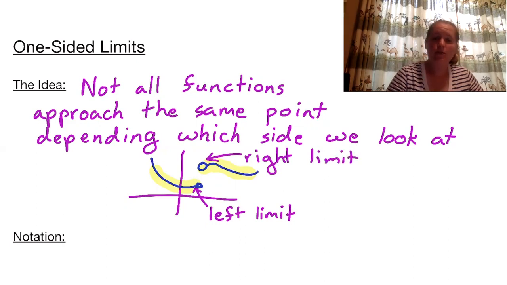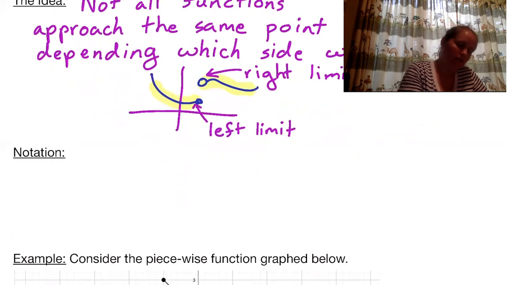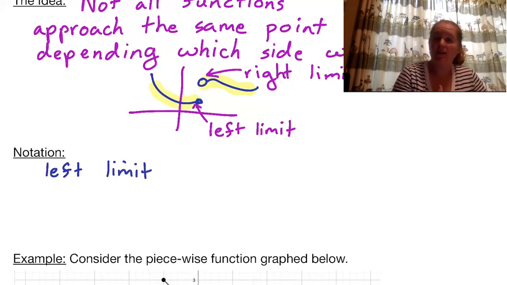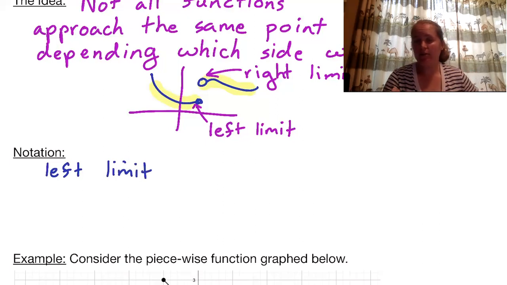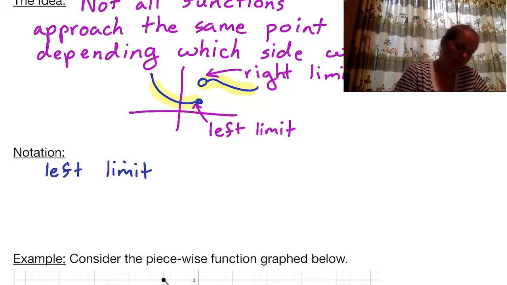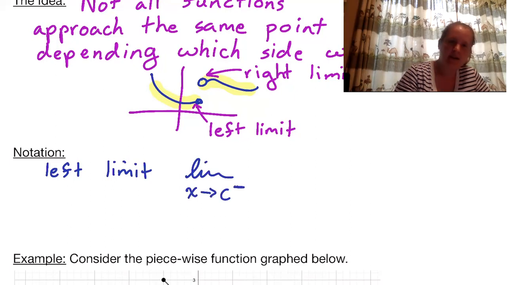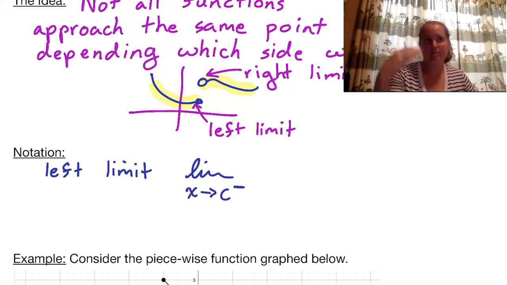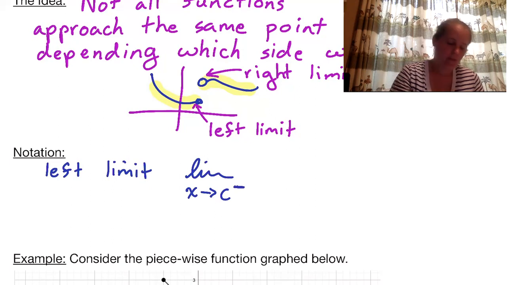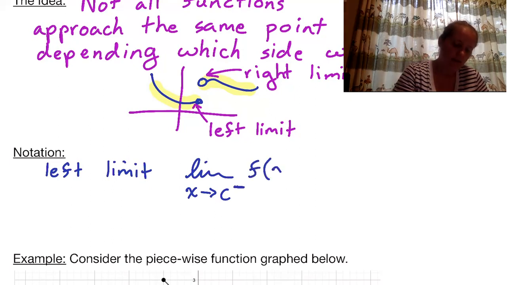So in terms of notation, coming from the left side, we're coming from the negative end of the number line. So our notation, we take the limit as x approaches c, and then we just put a little negative sign where we would usually put a power of f of x.